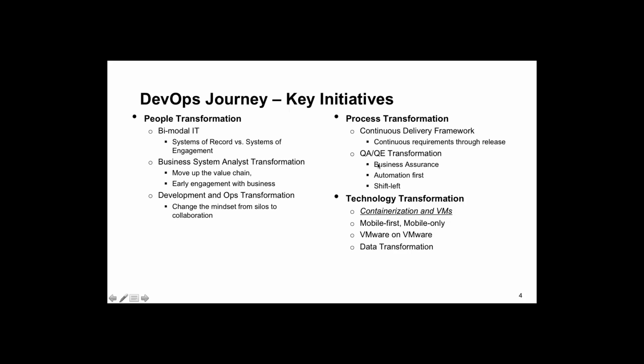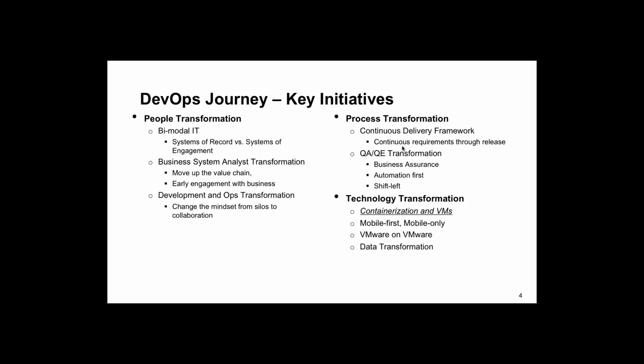From a process perspective, we have optimized through continuous delivery and continuous integration, with orchestration of the containers using Nirmata. We'll see a little bit more detail around that in a couple of slides.